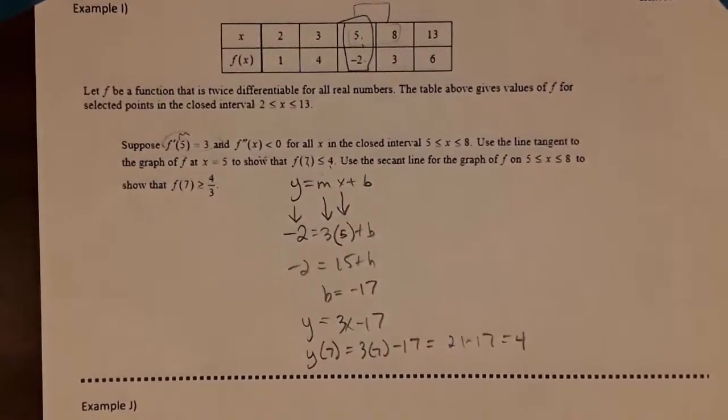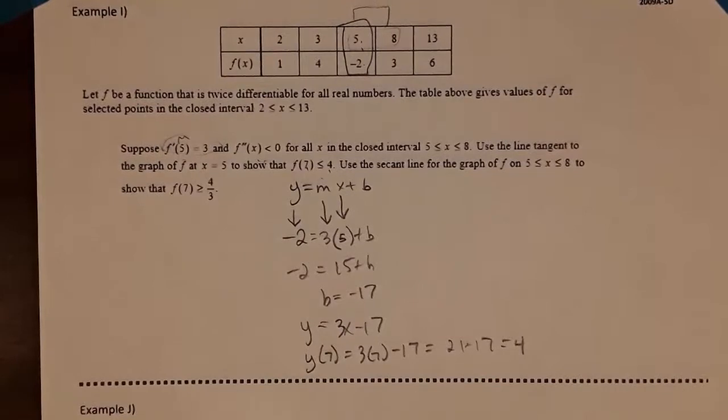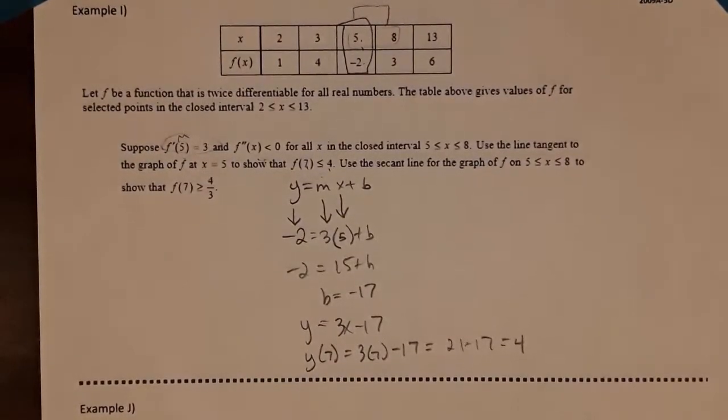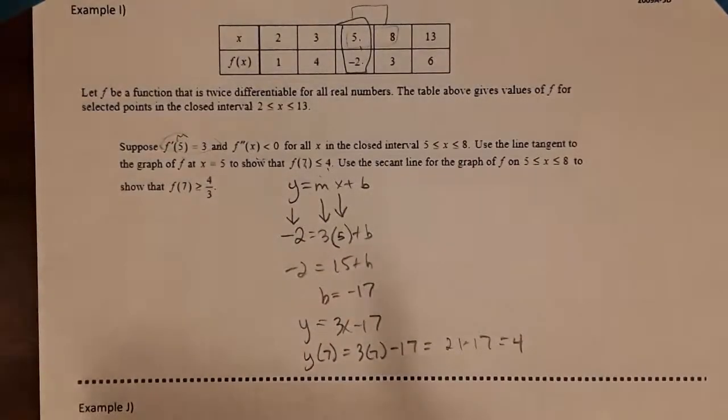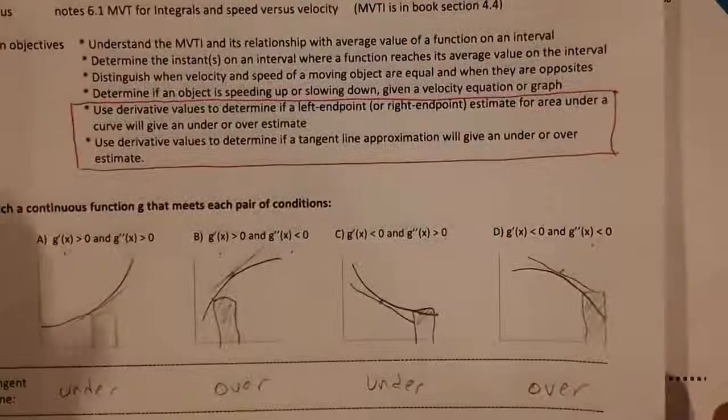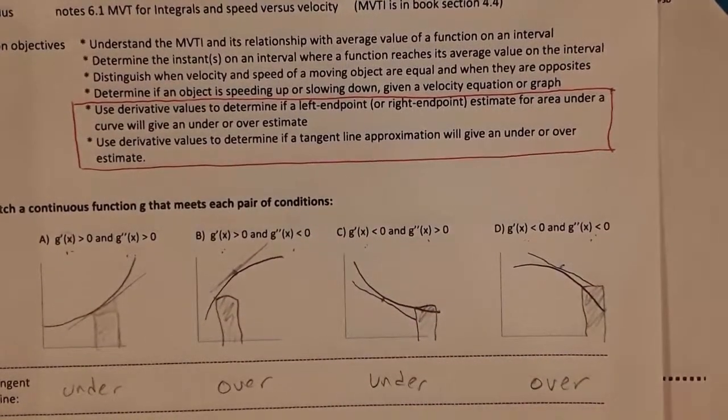The question becomes, how do we know that that's the very highest value it could possibly be? And that's a little bit the tricky part. But if you go back to what we were just talking about on the previous page, notice they're telling us the second derivative is negative.